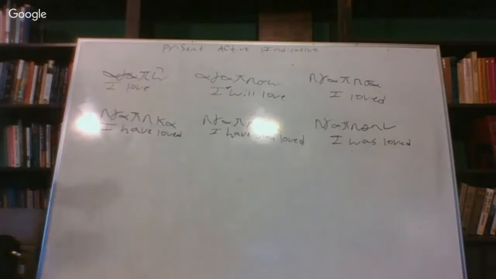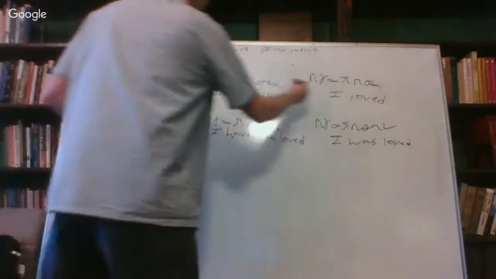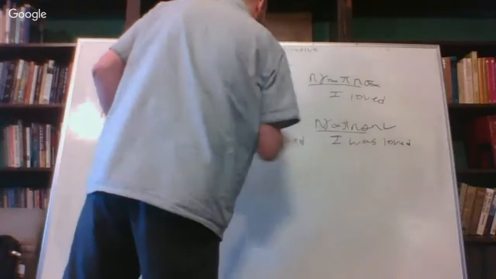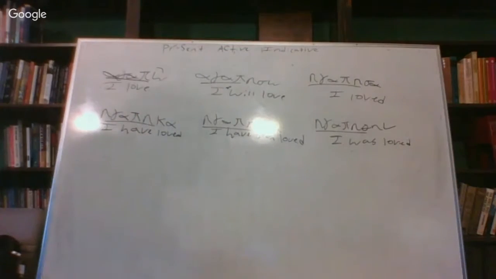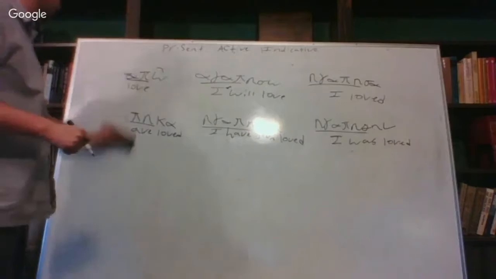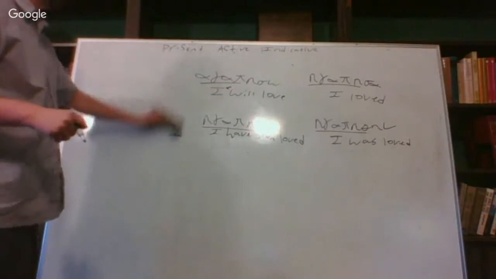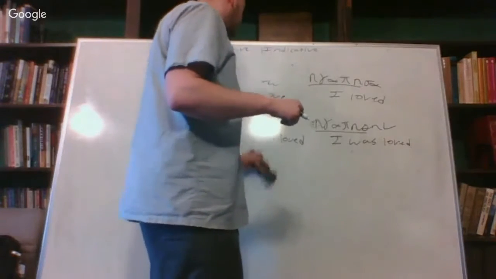I chose agapao because you can see that the stem is clear in every single principal part. That's not going to be the case for all words, but you can at least see the stem is intact in all 6 principal parts. And I have not included the imperfect, which is not technically a principal part.